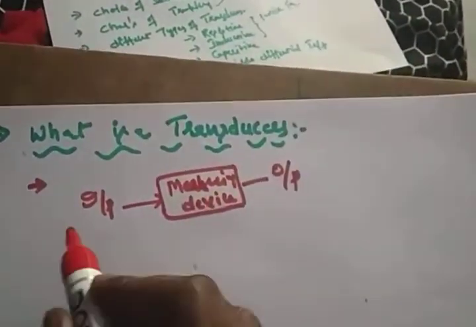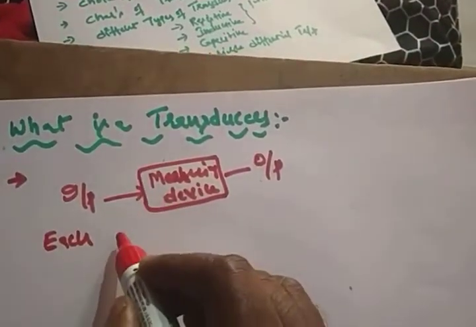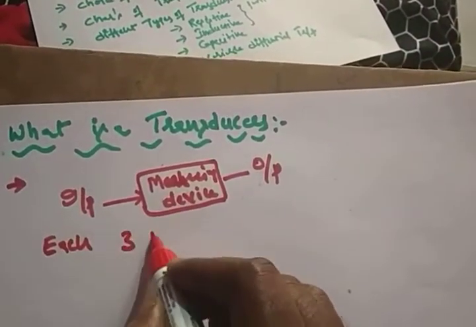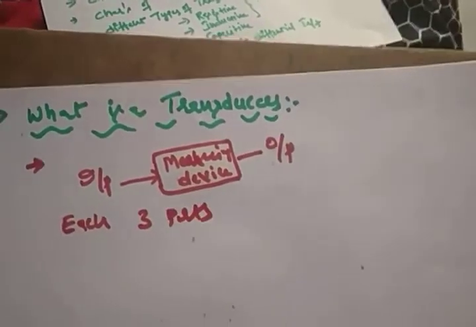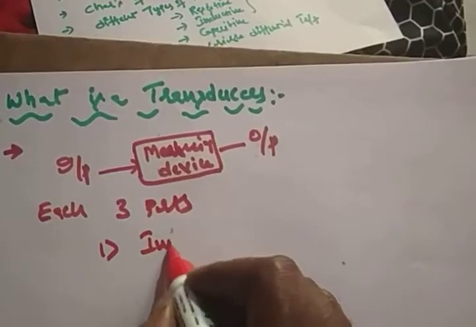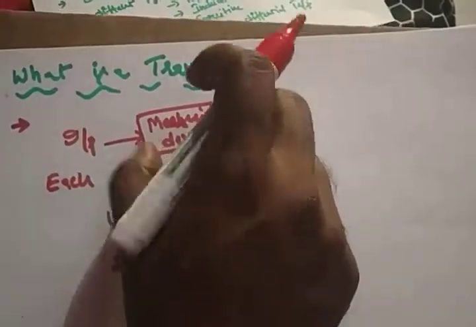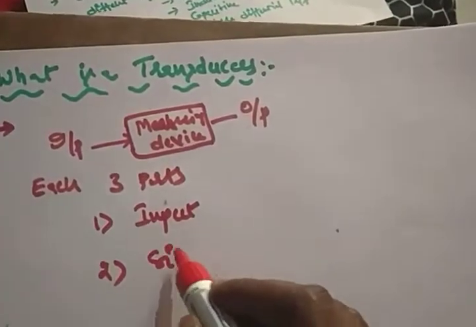So each and every instrument has how many parts? There are 3 parts. The first part is the input signal. The second part is the measuring device, that is nothing but signal conditioning.